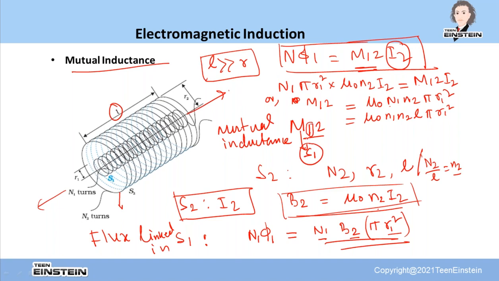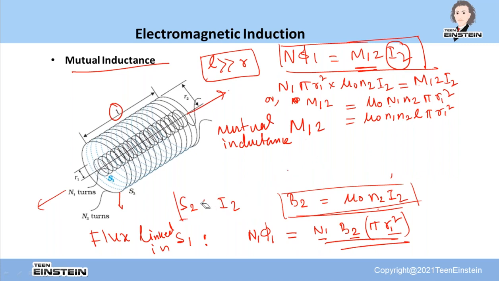Mutual inductance of S1 due to S2, due to the S2 solenoid. So that's why it is M12, just like your Coulomb forces, you have written F12 or F21. So what we have got, mutual inductance of solenoid 1 due to solenoid 2, is mu 0 N1 into N2 into L pi R1 square.